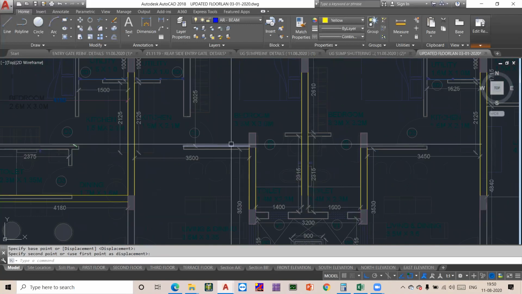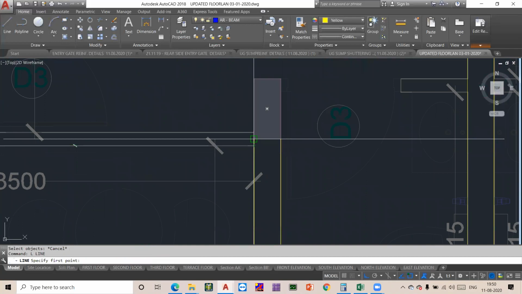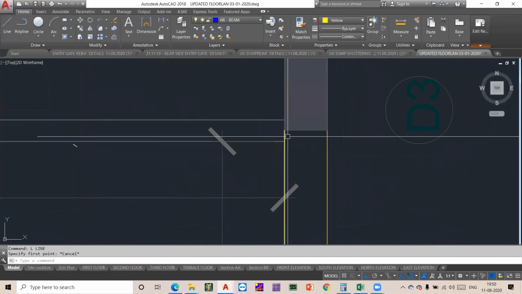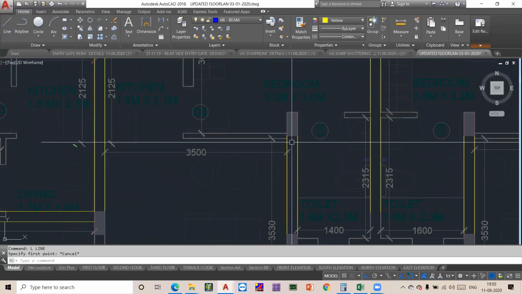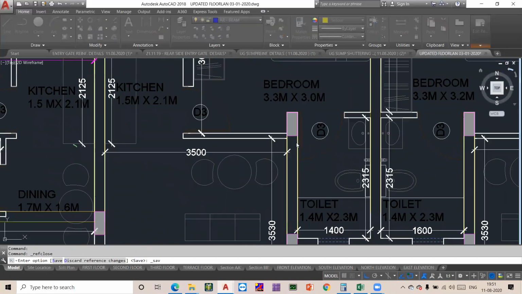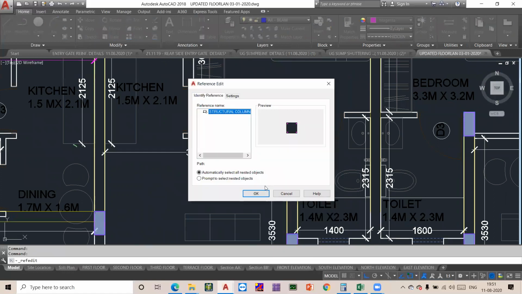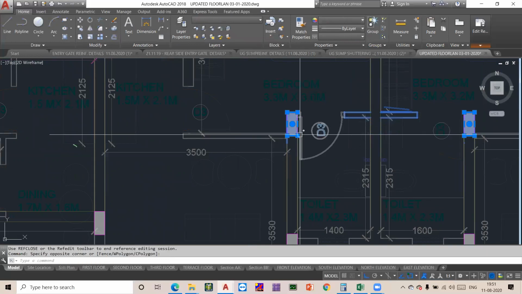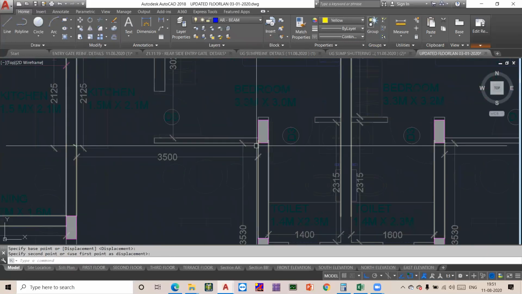Okay, now additionally, see here there is a gap, the location of this column is not proper. What we need to do is we need to flush this column, flush these columns in line with this wall edge.